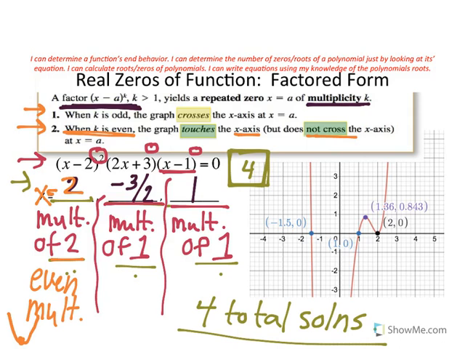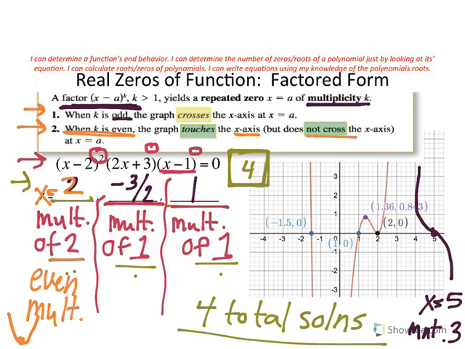If your multiplicity is odd, so let's say you had x equals 5 with a multiplicity of 3, then your graph would do something like this. It would hit or intersect at x equals 5 and cross through it. So that's the difference.